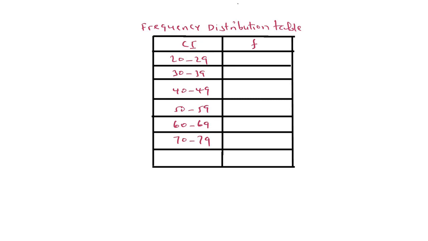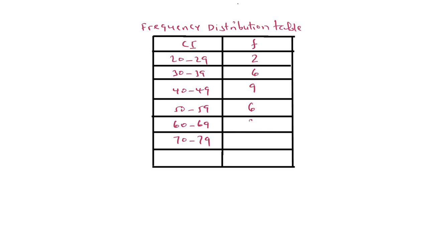Okay, so next we are going to count the number of data that falls on a particular class interval in order to fill the frequency part. Okay, so for the first one, counting the data from this class interval, we have 2 data. And for the next one, we have 6. The next one we have 9. The next is 6.